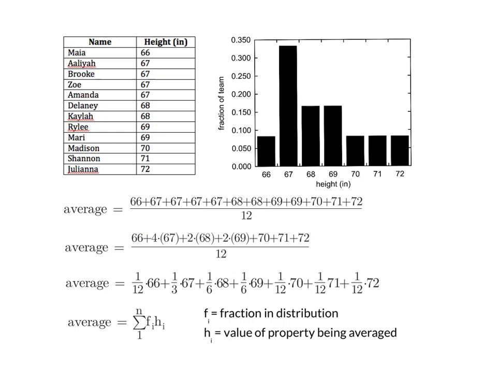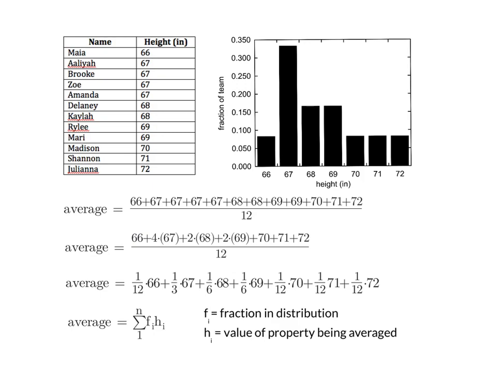So we can write a general formula for the average, which is the sum from the first value that we have in the distribution to n, the last value that we have in the distribution, of the fraction of each property that's found in the distribution times the value of the property being averaged.